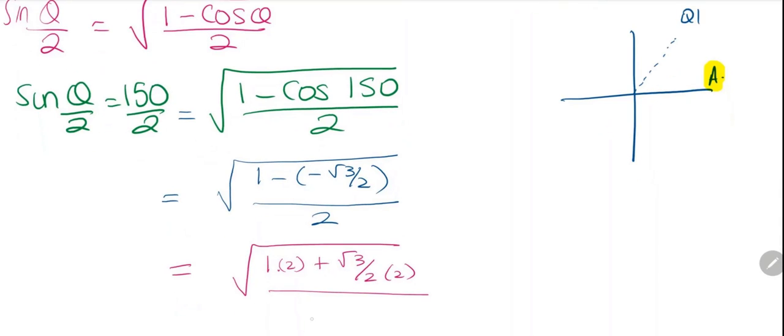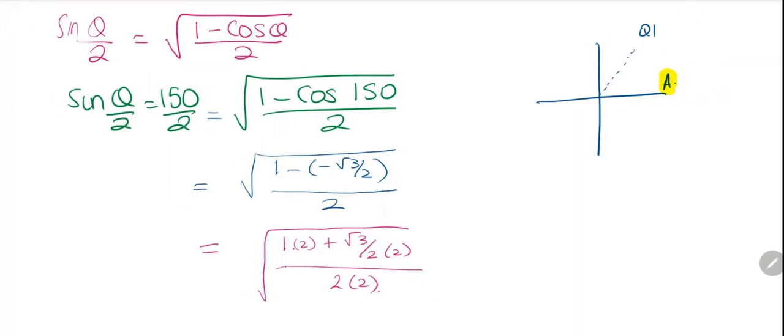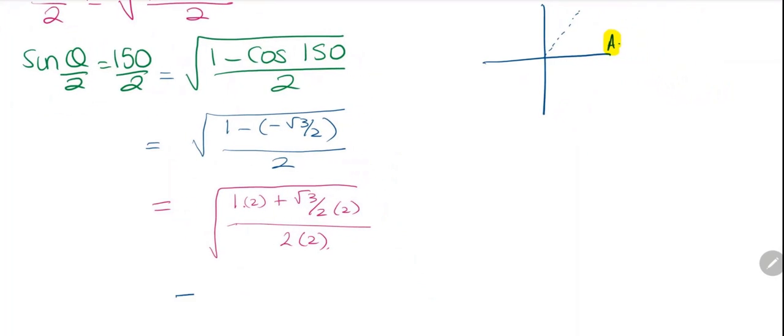And this is over 2 multiplied by 2. So 1 times 2, so that's going to be 2. These are going to cancel. So 2 plus root 3. And then taking the square root of 4, it's just going to leave us with 2. So it's just that part that's in the root. And there's the final answer.